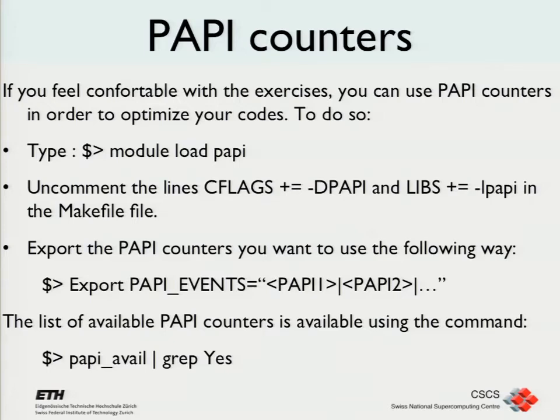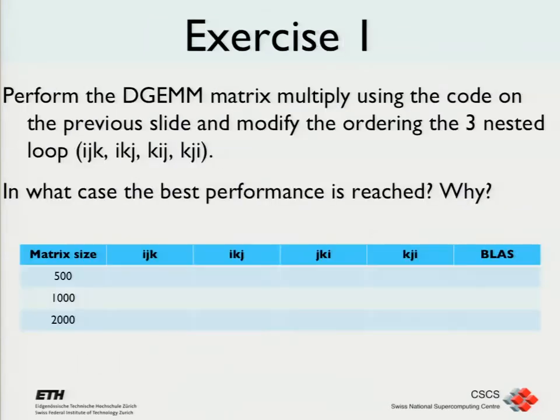If you want to see what are the available counters, use this command. You see exactly what you can use. So if you want to use the PAPI counters and the code we provided with those examples, just uncomment this line in the makefile, and you're good to go.